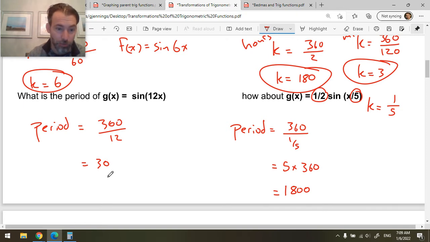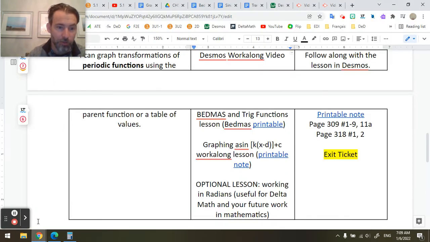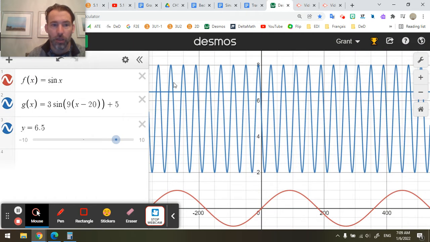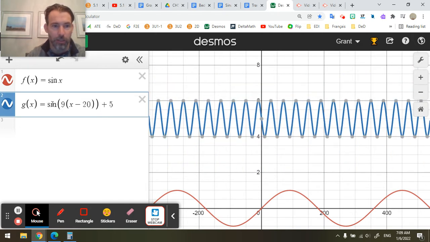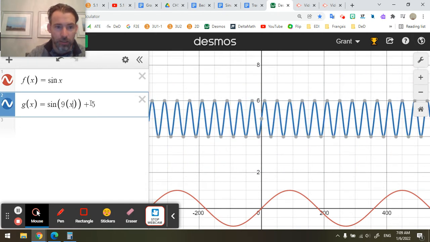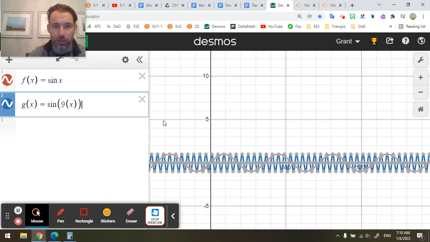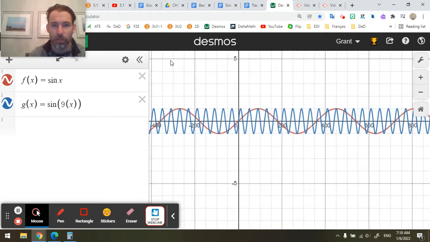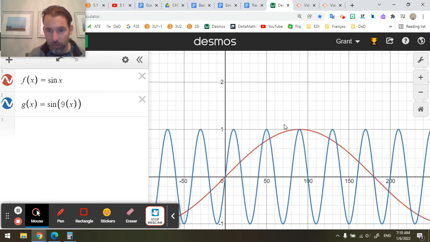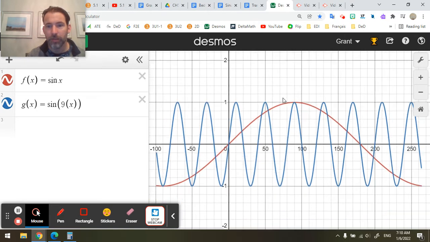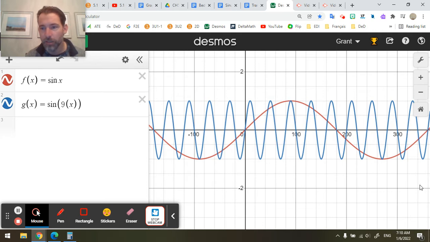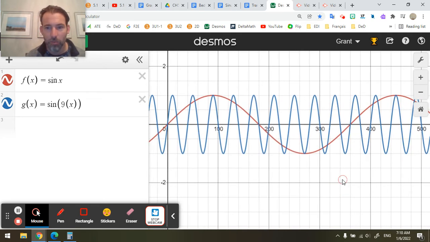There's a trick, and I'll show you in Desmos. The k value shows you how many, let's get rid of that. Let's get rid of this, and this, and this. Okay, so I'll zoom out here. Oops, no. Don't zoom out, Mr. Jennings. Zoom in. There. So here is 360 degrees that we're looking at, and a little more, but there.